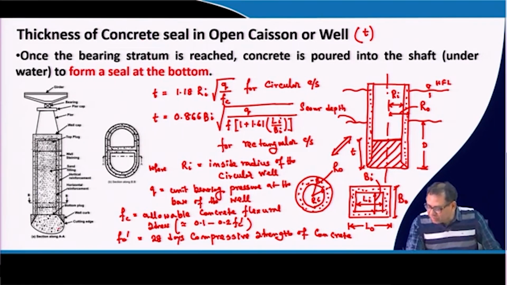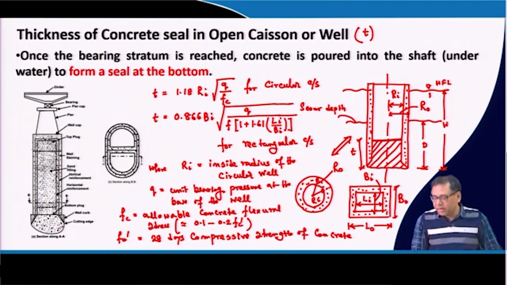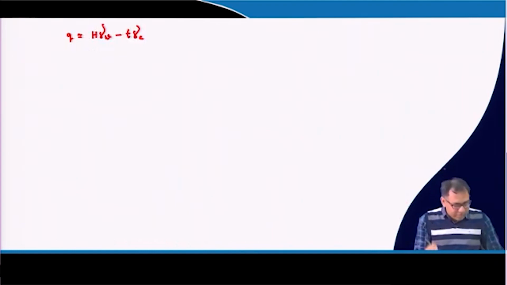Now, what is H? H is the total water height from the HFL to the base of the well. So that total height is equal to H. That is the height of the water at the base of the well.